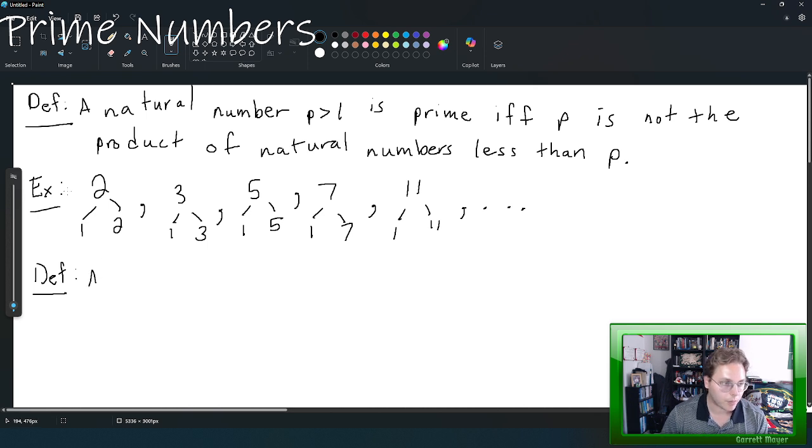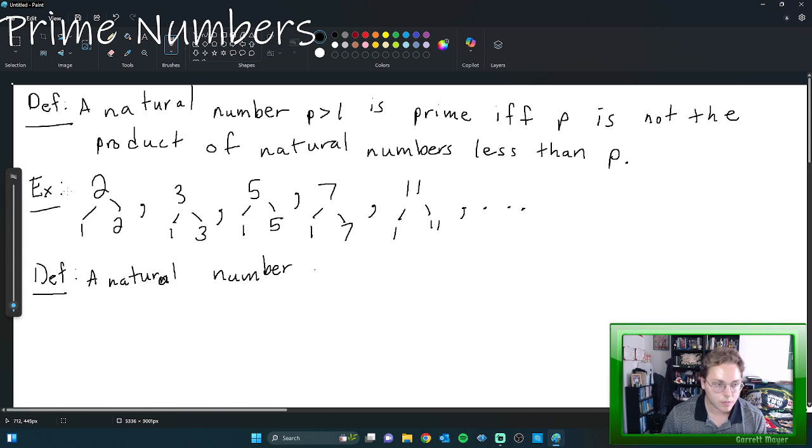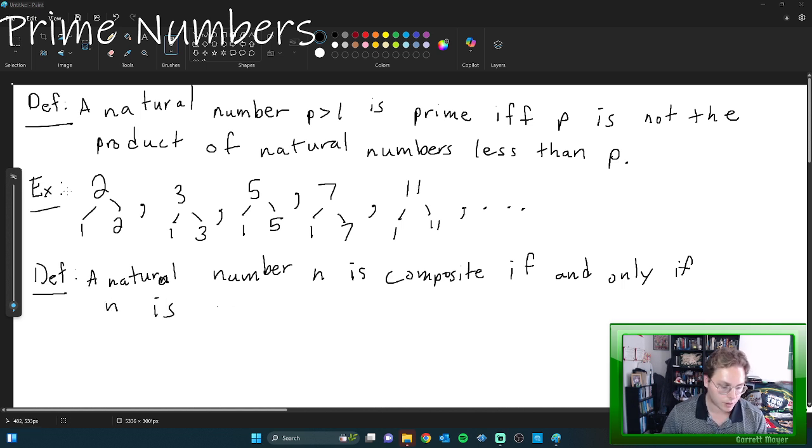So for a composite number, a natural number n is composite if and only if n is a product of natural numbers less than n.